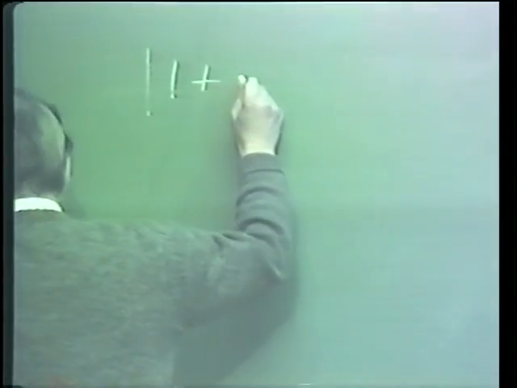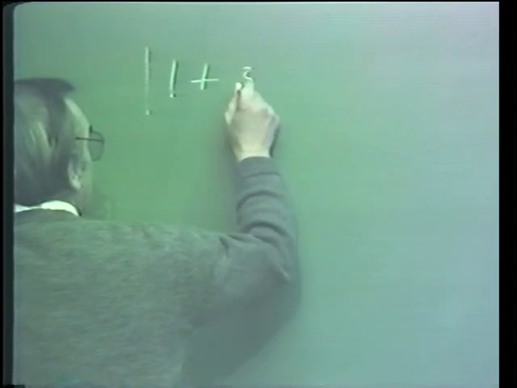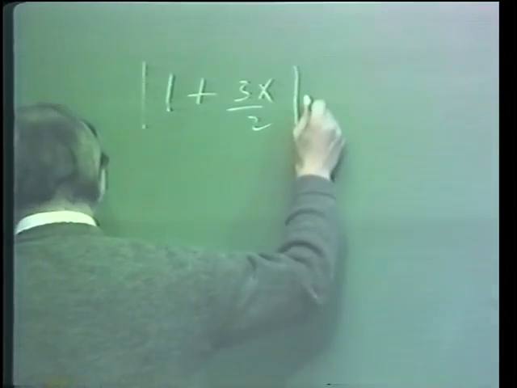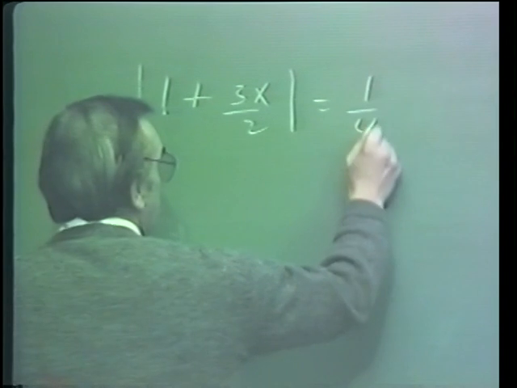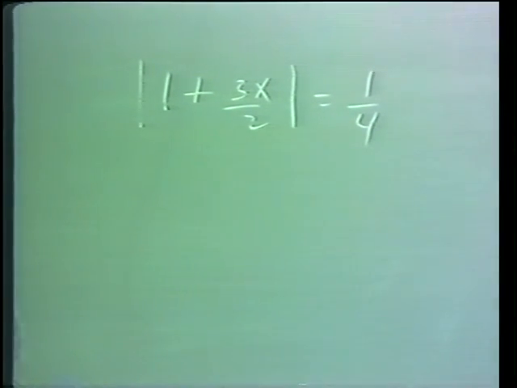Let's see what happens there. Problem 13. It says the absolute value of 1 plus 3x over 2 is equal to 1/4.